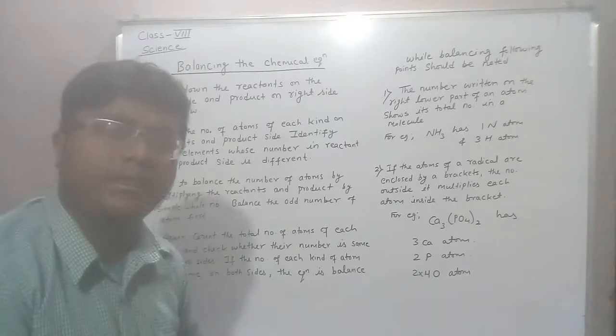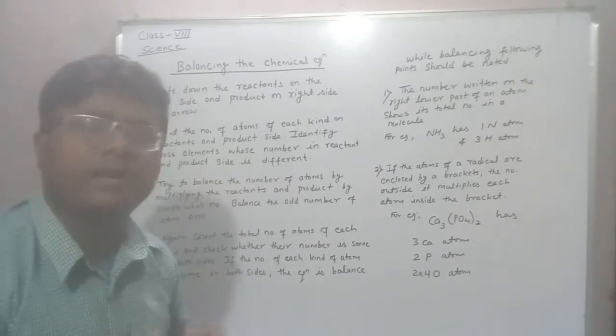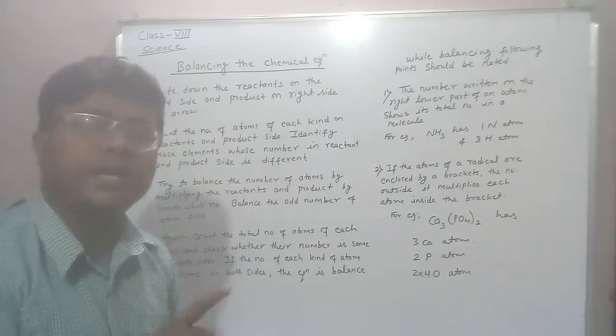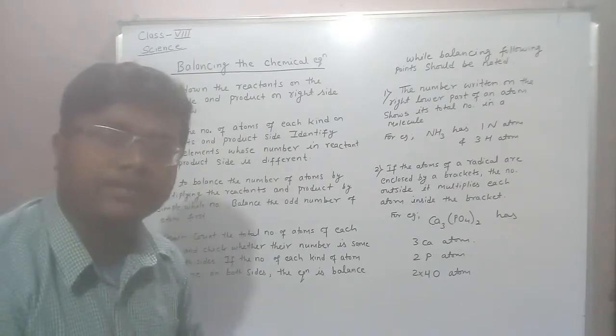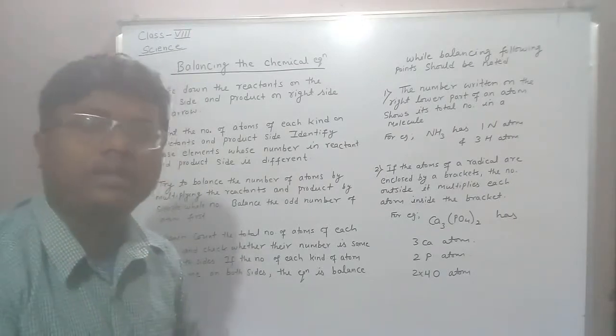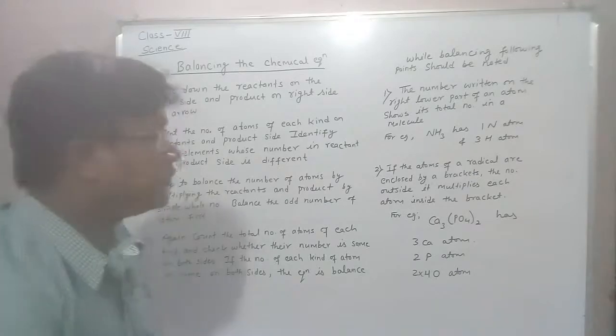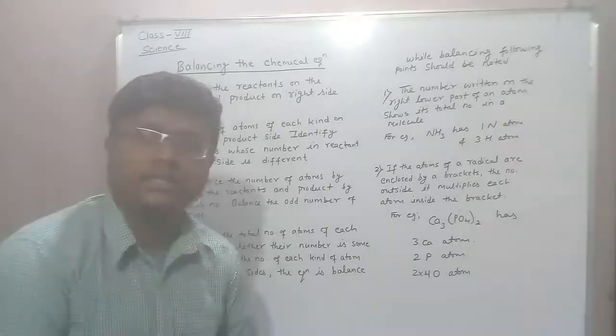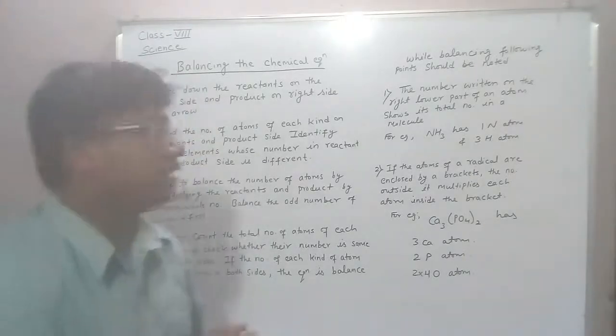If the numbers are different, then we again need to try to balance those different numbers. Is it clear?